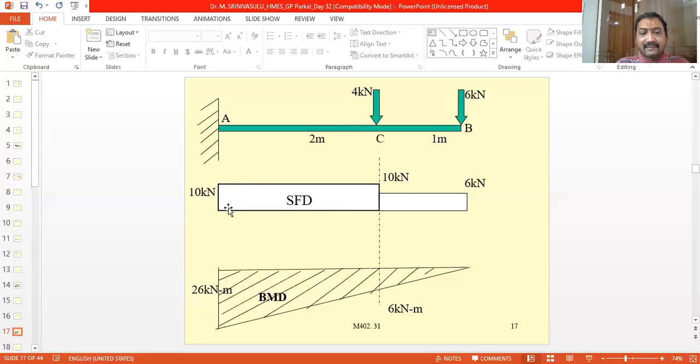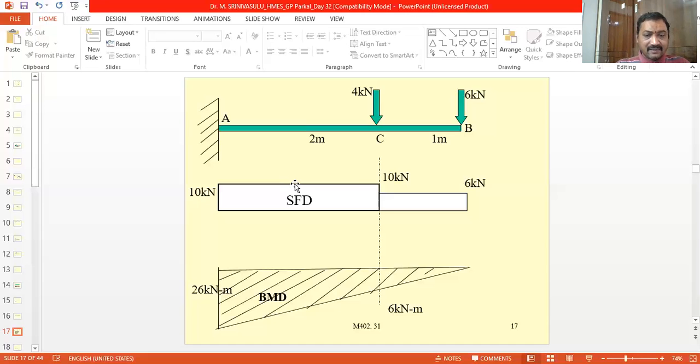Now if we join all the things, this is the zero line, and this is 6 kN up to here, and this is a step of 4 kN, and now this is the horizontal line. Then you have to join this to the zero point. So this is a rectangle. Whenever a point load is acting on the cantilever beam, we get rectangles with horizontal lines.